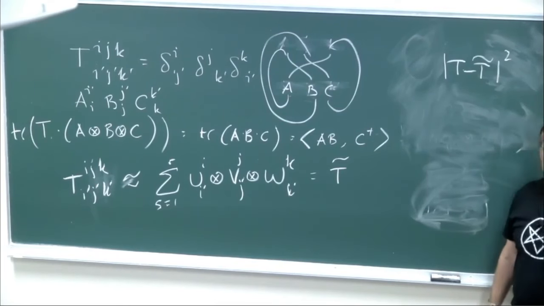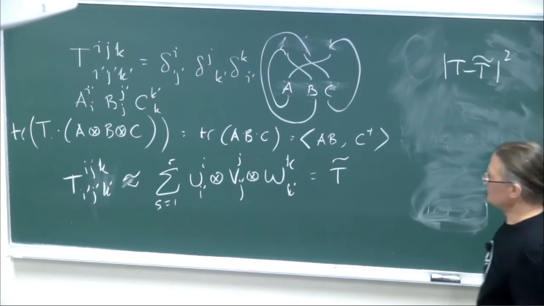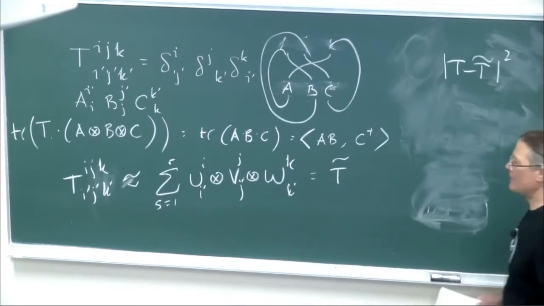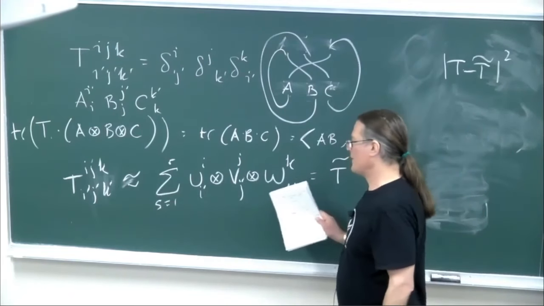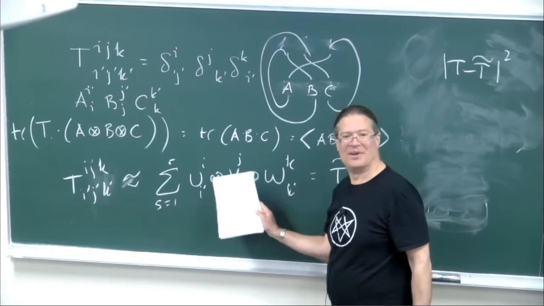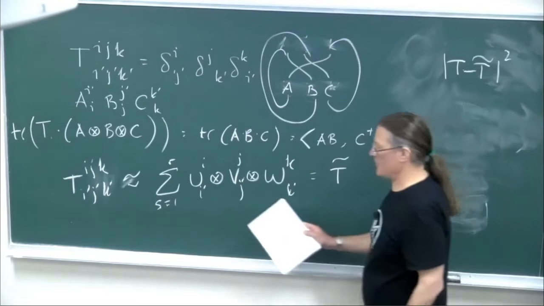There's a more mysterious thing where we don't literally have an equality here, but where we have a family of these things where as some entries go to infinity and others go to 0, we get closer and closer to the tensor we want.